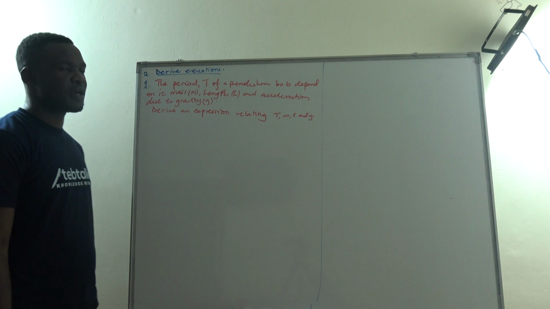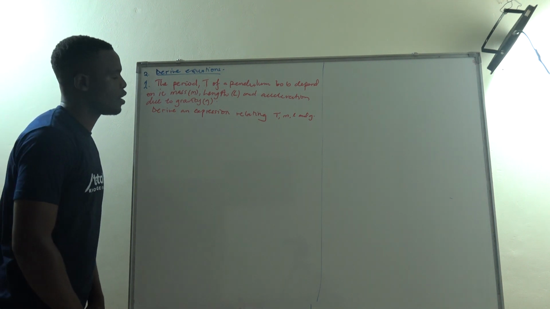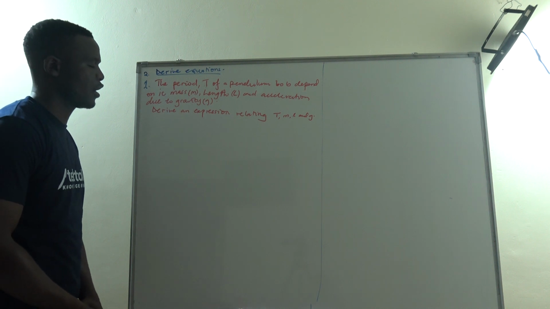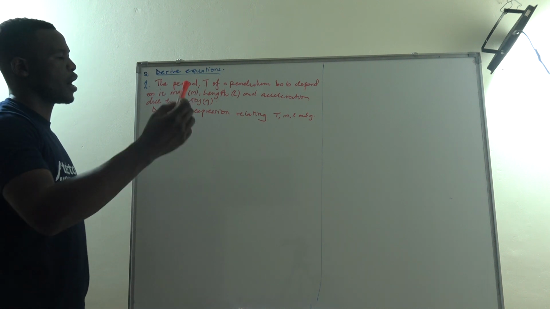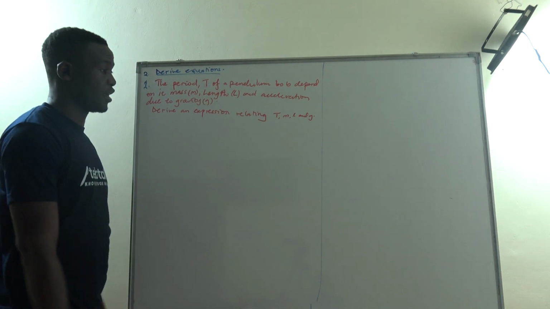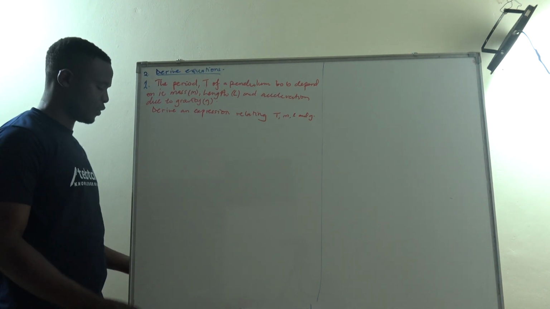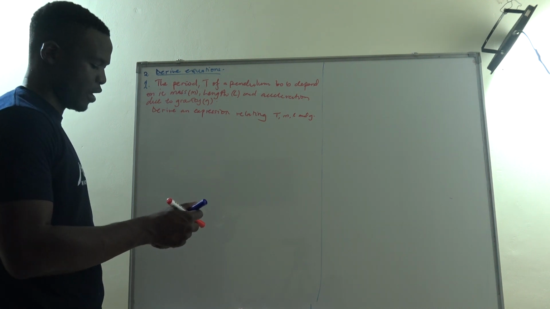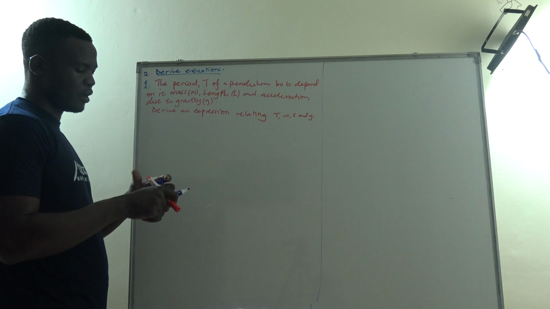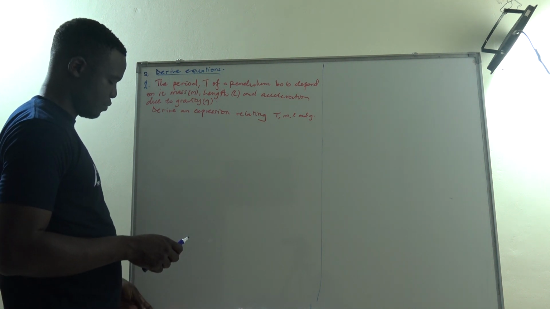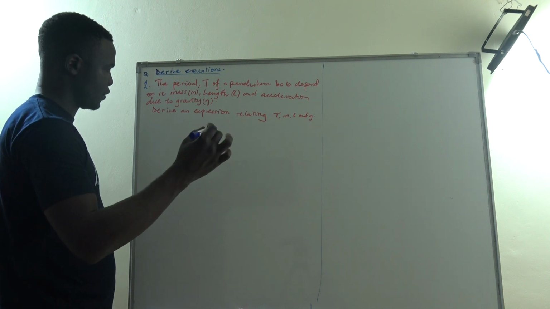So here, they want us to derive an equation that shows an expression where we have T, m, l, and g, and this is the expression that we use to calculate the period T of a pendulum bob, where period is the time taken for the pendulum bob to make one complete oscillation.